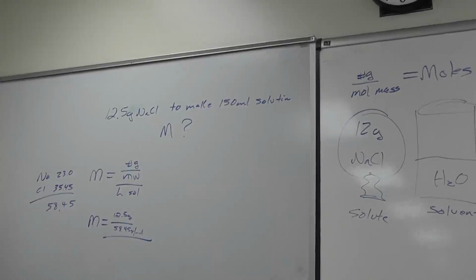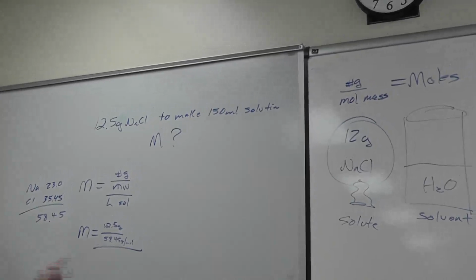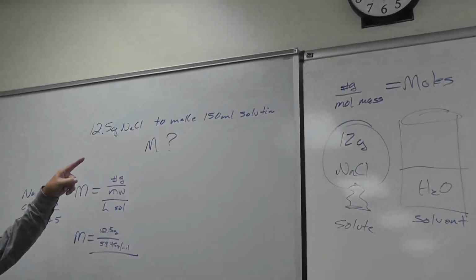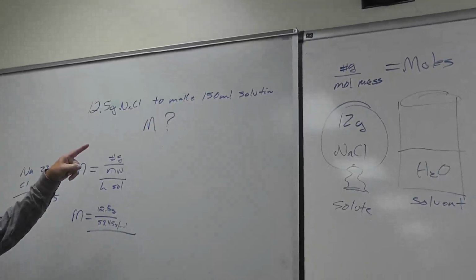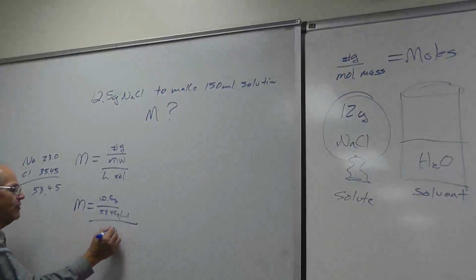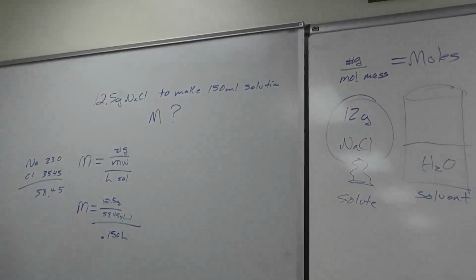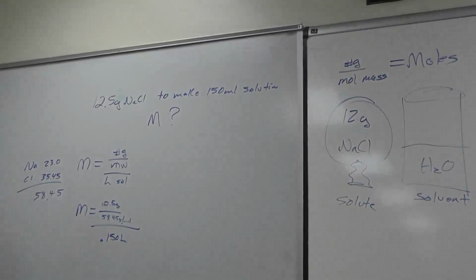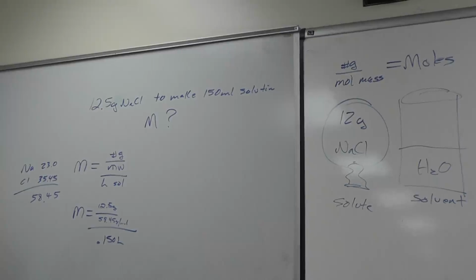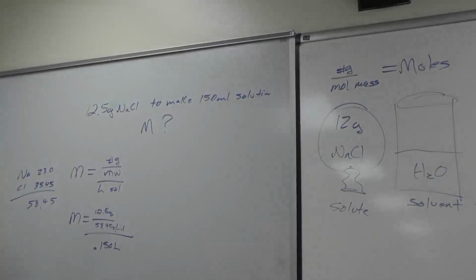And then how many liters of solution do I have? 150 milliliters is equivalent to 0.150 liters. The last thing I'll ask before you answer is, based on how Dr. Burns writes the problem, how many sig figs in the answer?